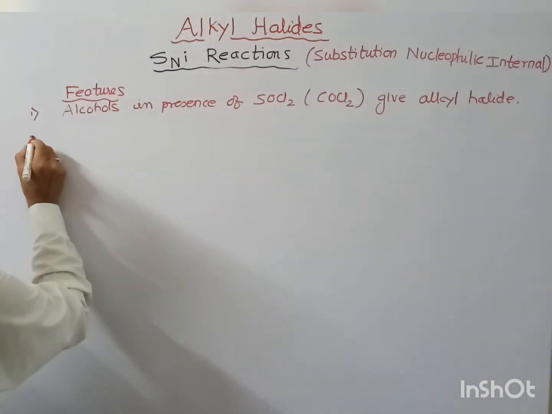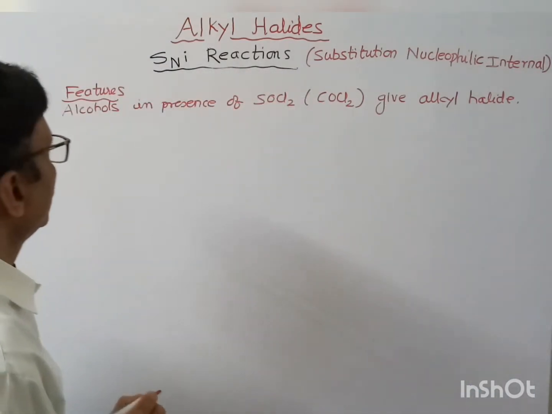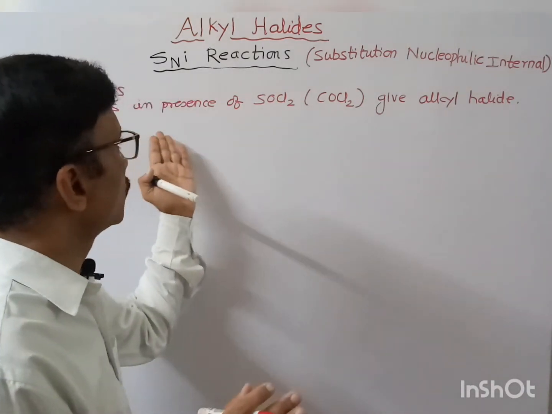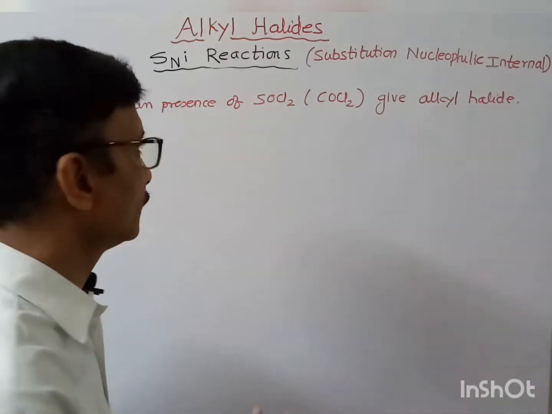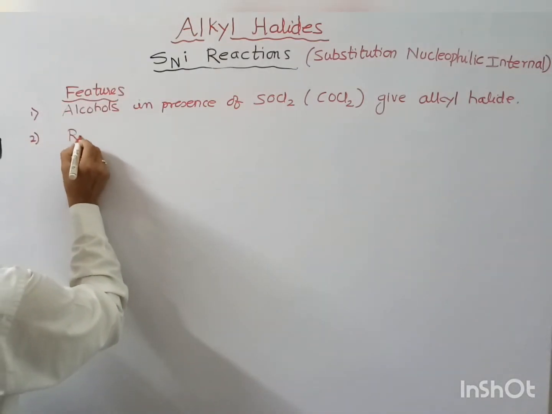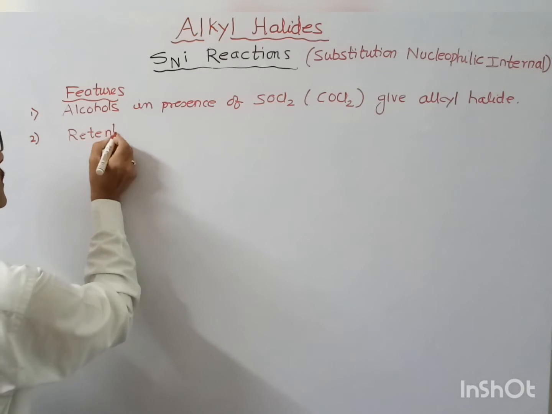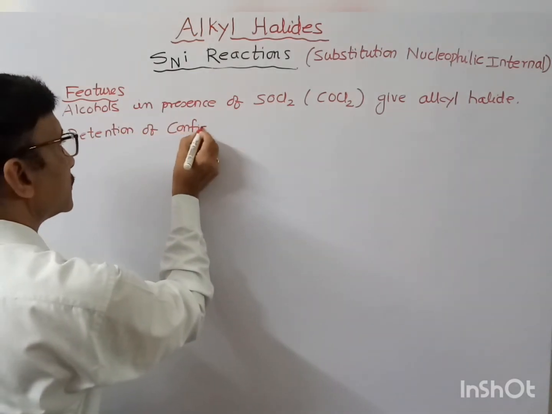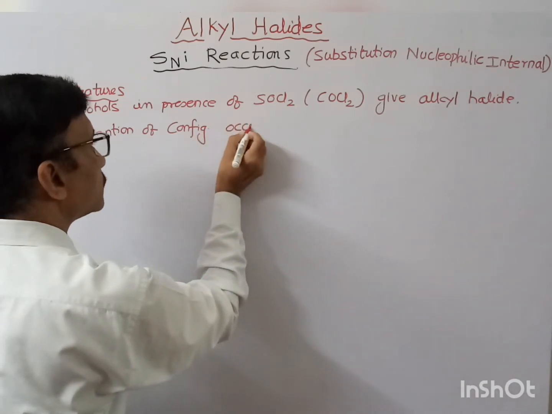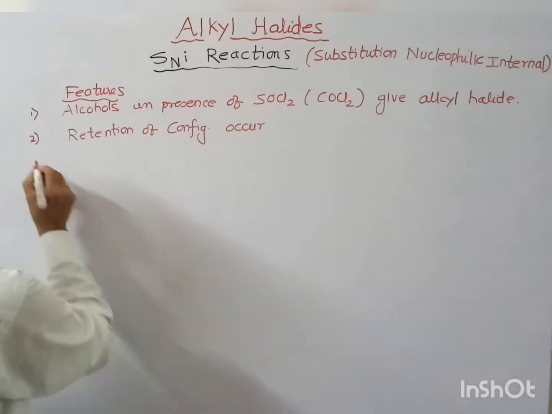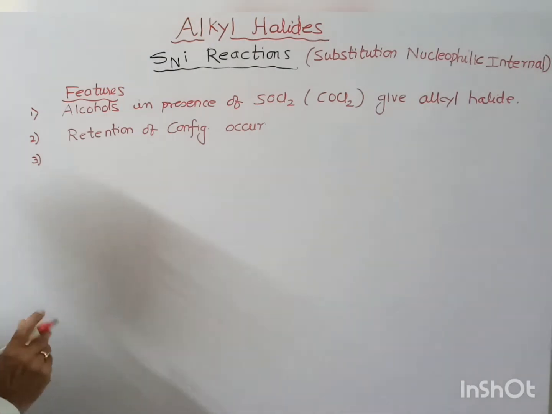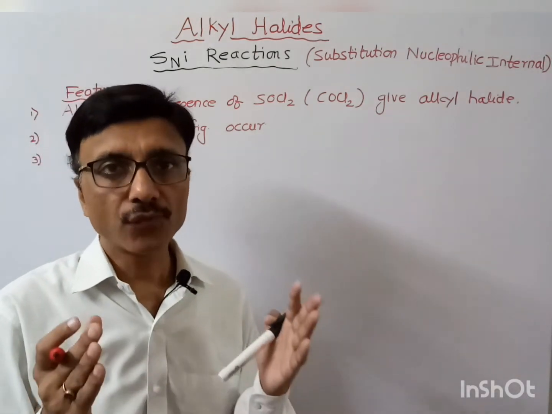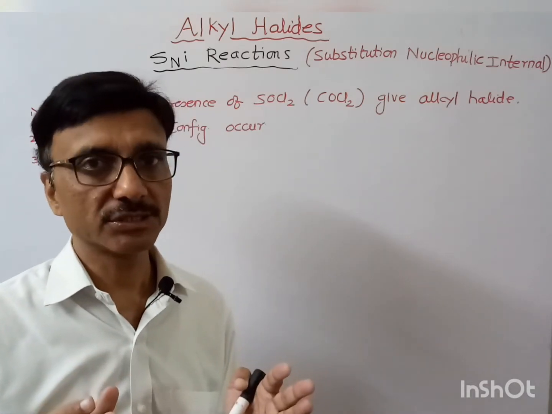Now second thing, if we see the mechanism of this, then this reaction goes via the retention of configuration. So here retention of configuration occurs. Okay, and next point, the retention takes place via the formation of four-membered cyclic transition state.